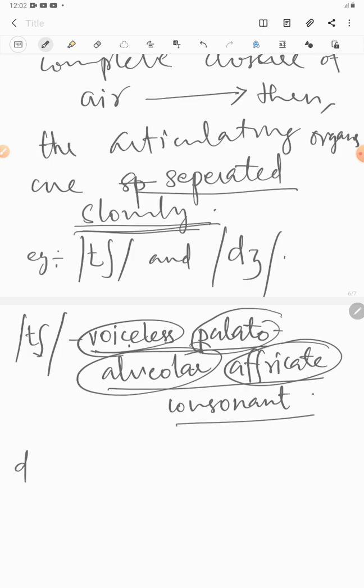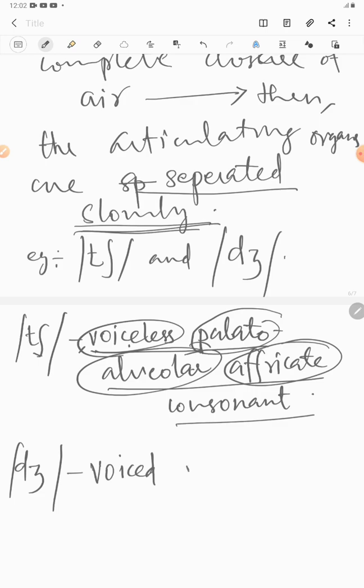Now we'll be talking about j, the second affricate consonant. Since ch is voiceless, here we have voiced. When you pronounce j, there is vibration. So it's a voiced consonant, and palato-alveolar.